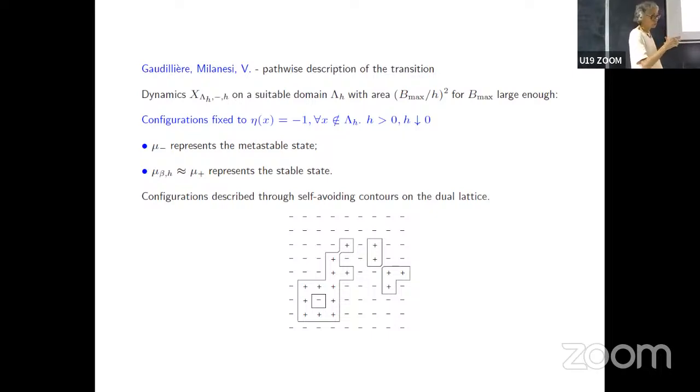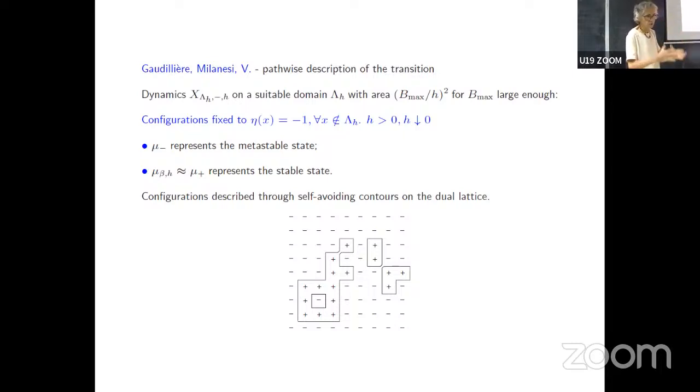That's like in the loop, because now we are going to take an H which is positive, and we start with something negatively magnetized, and we want to see this transition. So the stable measure is with a positive H, and when H goes to zero, it goes to mu plus, the one with positive magnetization, and mu minus is the one with negative.